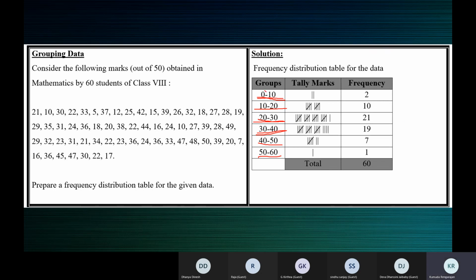These numbers 0, 10, 20, 30, 40, 50 are called the lower class limits.